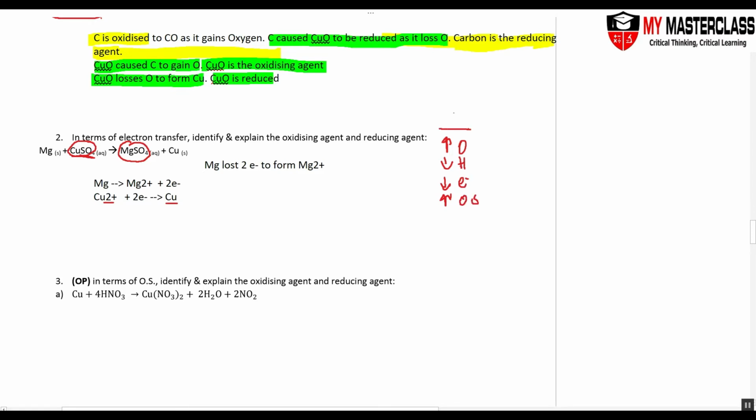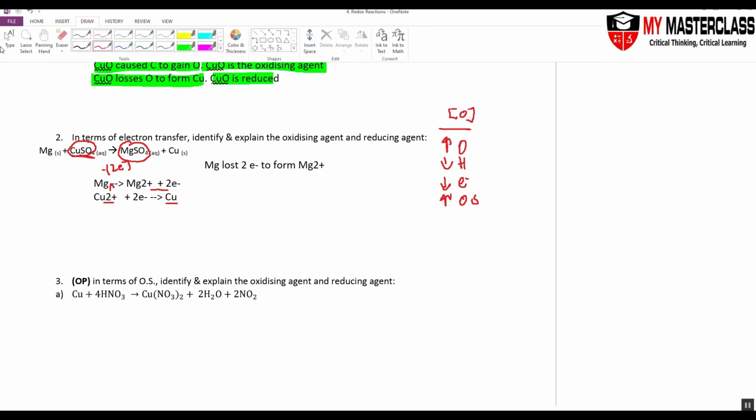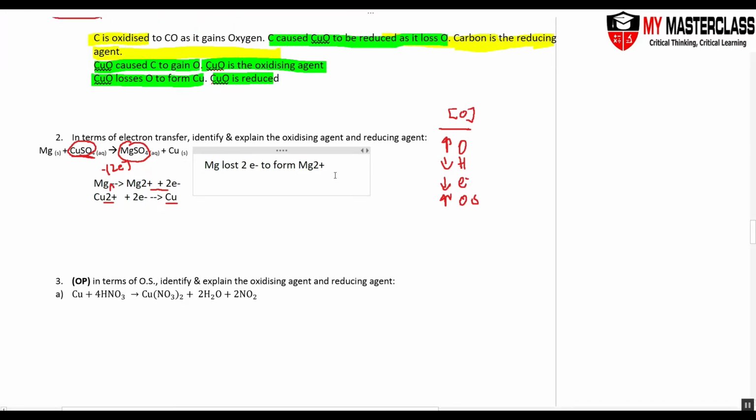This is my oxidation definition. My magnesium lost 2 electrons, as a result the magnesium is oxidized.